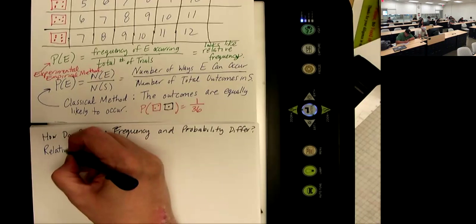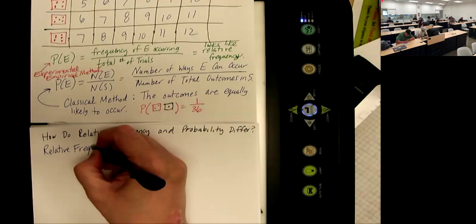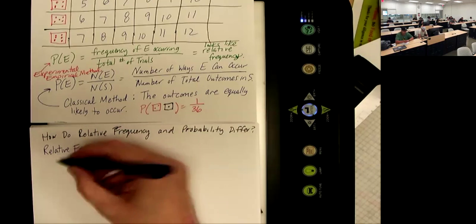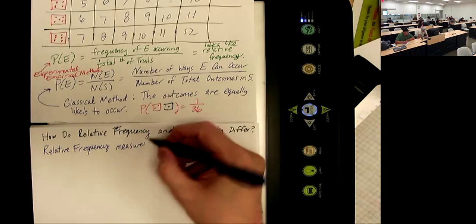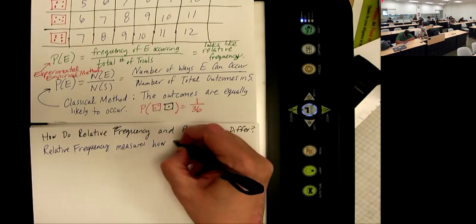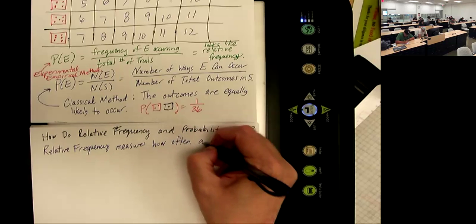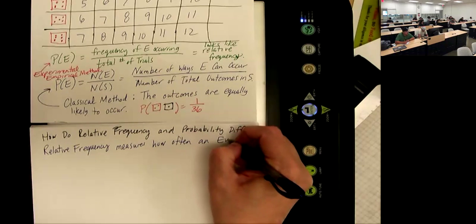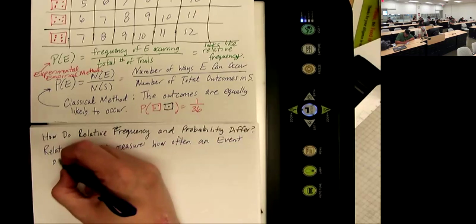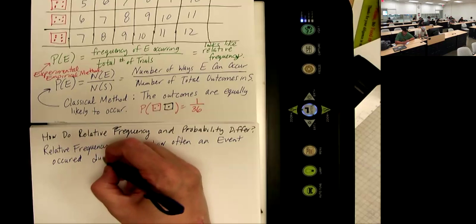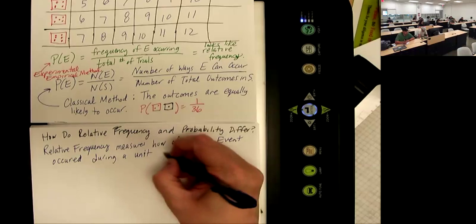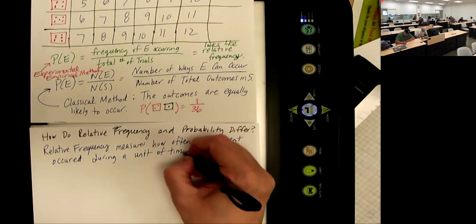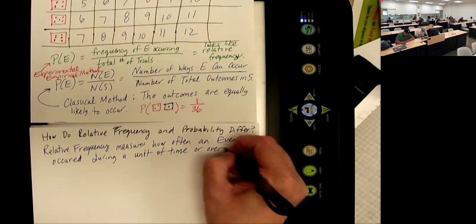Relative frequency measures how often an event occurred during a unit of time or over a specific number of trials.